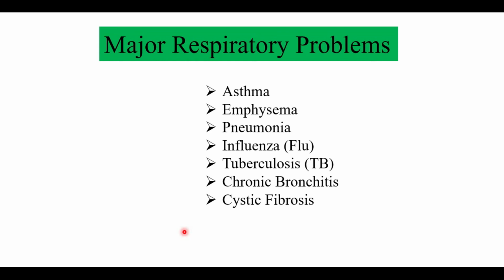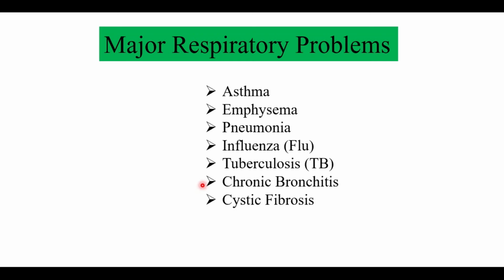It causes lung infections that don't go away. There is another very important disease not mentioned here, lung cancer. When cells in the lung change and grow into a tumor, that is known as lung cancer. This often happens because of smoking or is caused by a problem in the genes and also gets worse over time. It causes lung infections that don't go away.